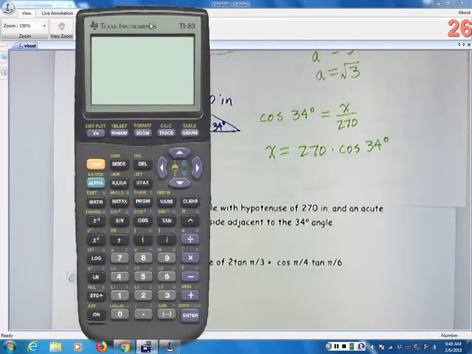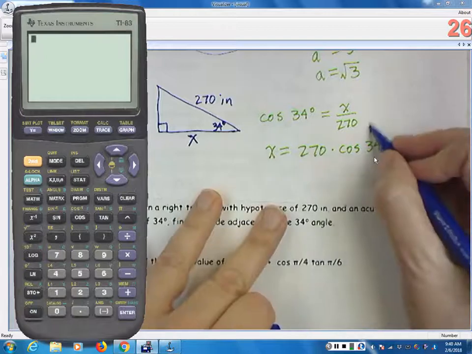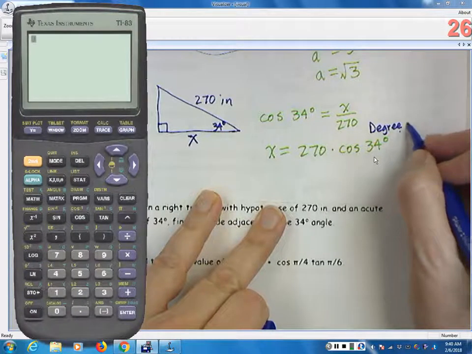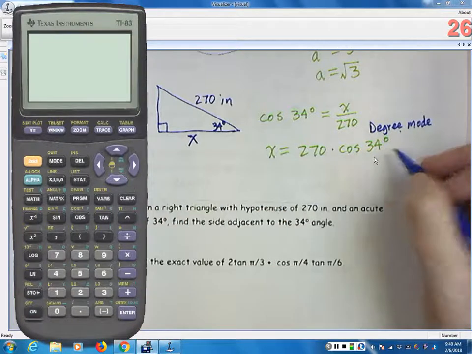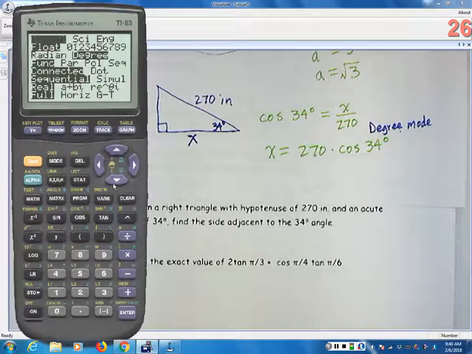The first thing you check, anytime you do anything, is the mode. Degree mode, because this angle's in degrees. So go to your mode and make sure it's in degrees. It is.